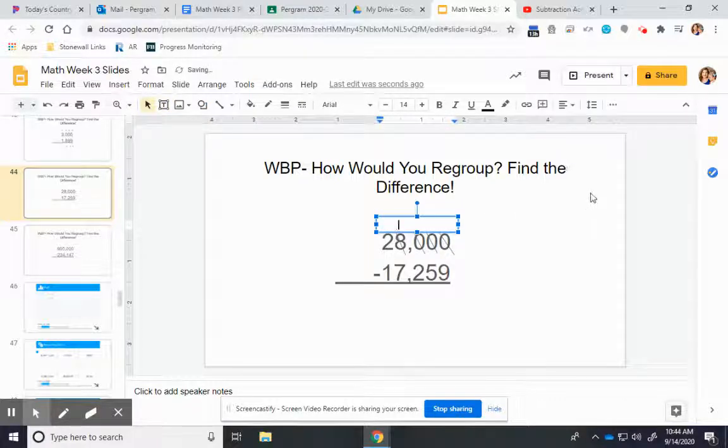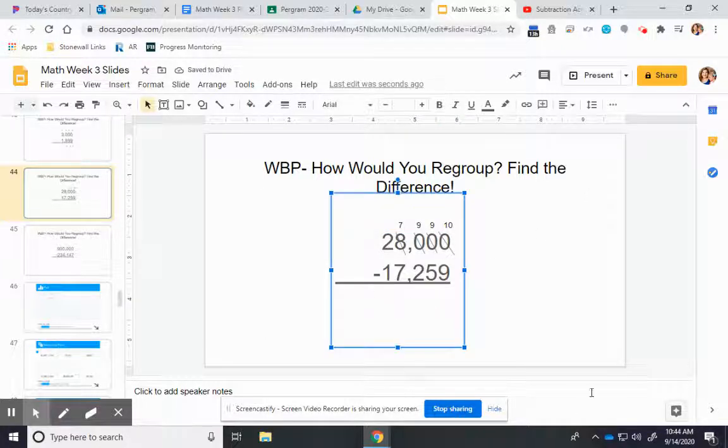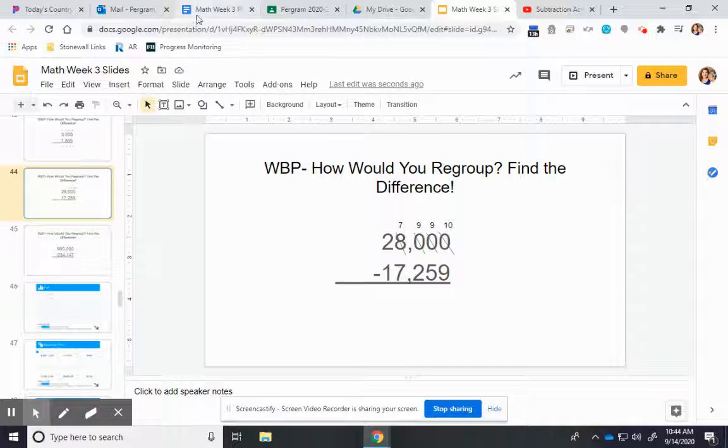That 8 is going to turn into a 7. This 0 is going to turn into a 9. The next sandwich 0 is going to turn into a 9. And then our ones place 0 is going to turn into a 10. So then if we come down here, we can go ahead and find our difference.